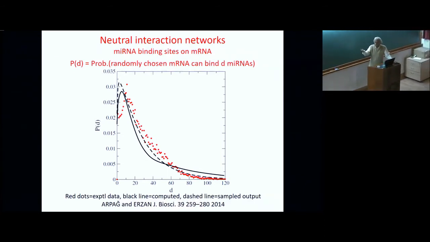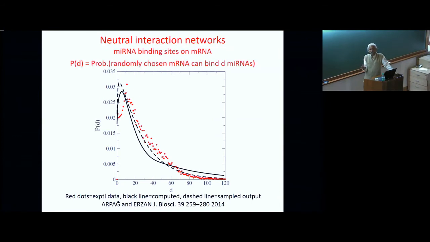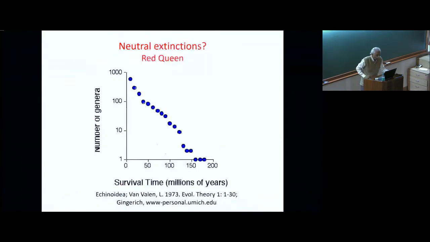So you see an impressive level of correspondence between the sorts of outcomes that you expect on a neutral assumption and the actual outcome that you get, at least in terms of this frequency distribution, in real organisms, which makes you wonder, of course, is it possible that you don't need to look far beyond statistical probabilities in explaining why you get this precise form of microRNA regulation for so many messenger RNA molecules?